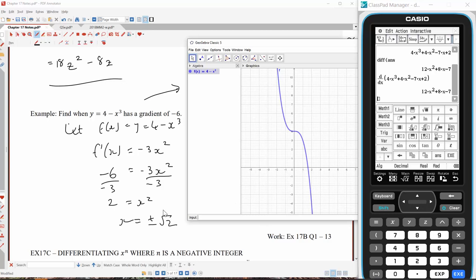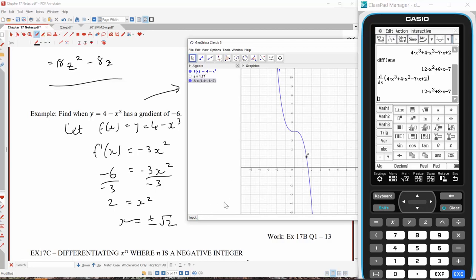So the first thing I will do is I'm going to do f of square root 2. Okay, and I'm going to plot that point there. So square root 2 comma a. Oops, why isn't it letting me do that? Square root 2 comma a. Okay, so there's one of the points.